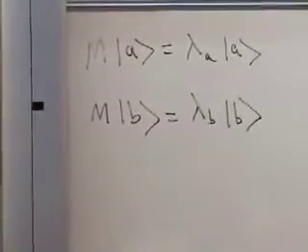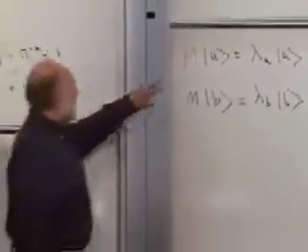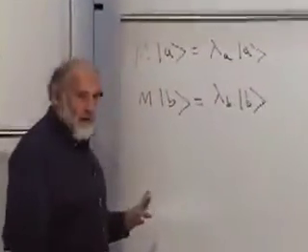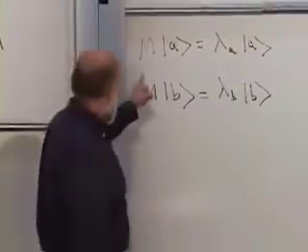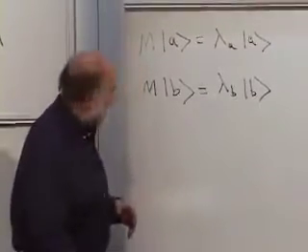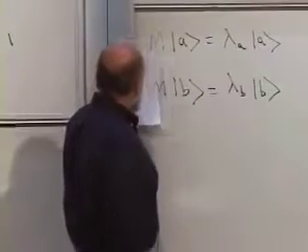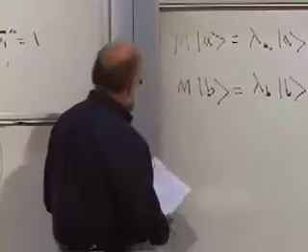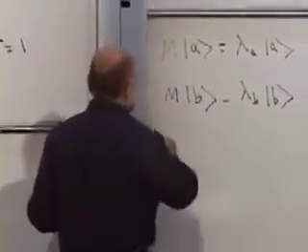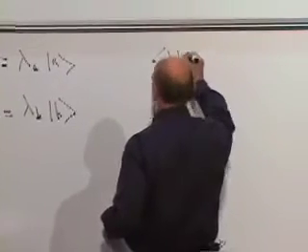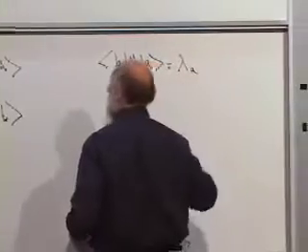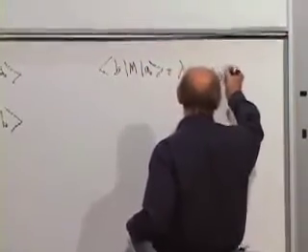Let me prove to you that if this is so with two different lambdas, then A and B must be orthogonal to each other. And we do this easily. It's not very hard. We just have to juggle a few definitions. We first of all multiply the first equation on the left by B. So we'll rewrite it as B M A equals lambda A times BA.